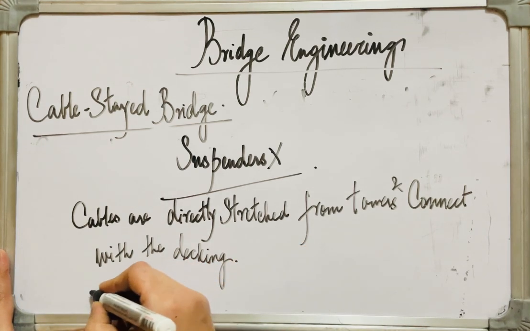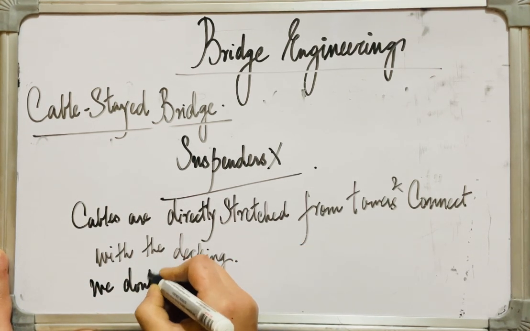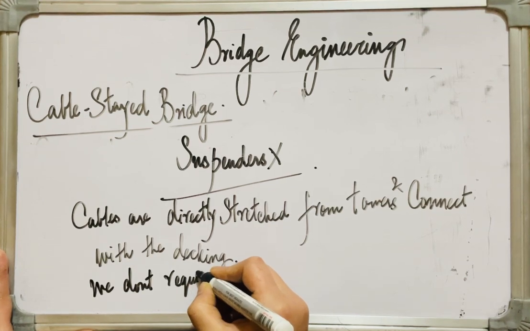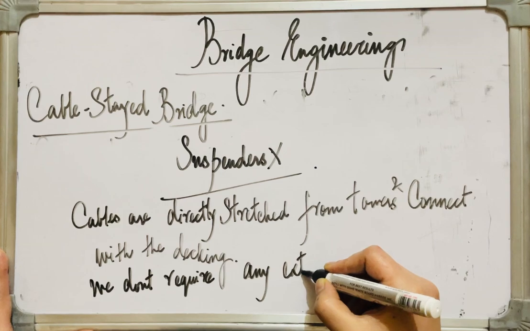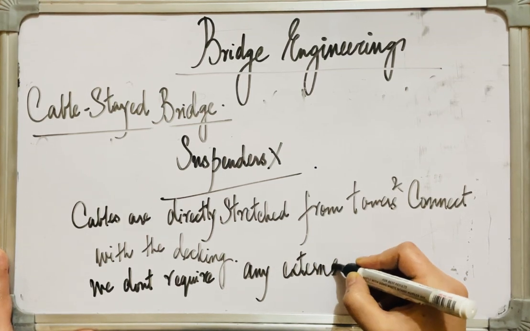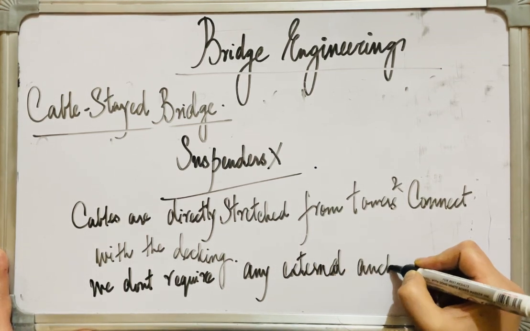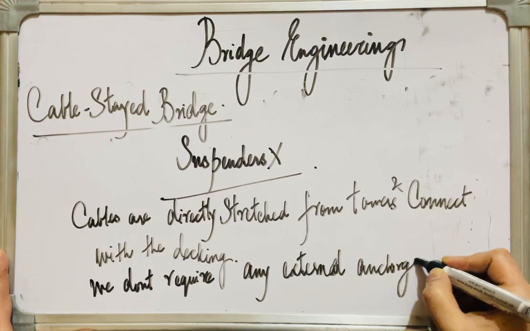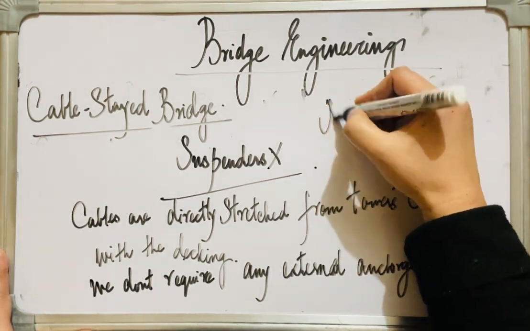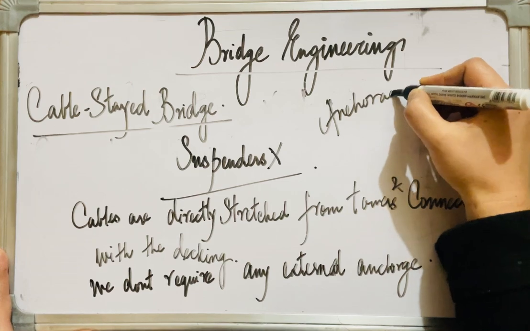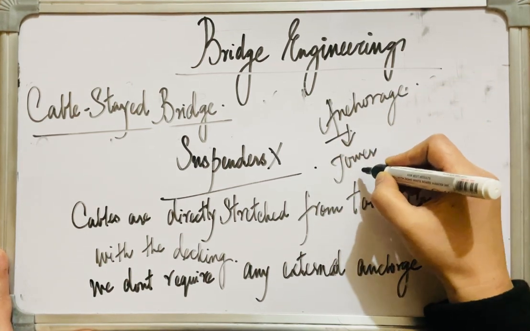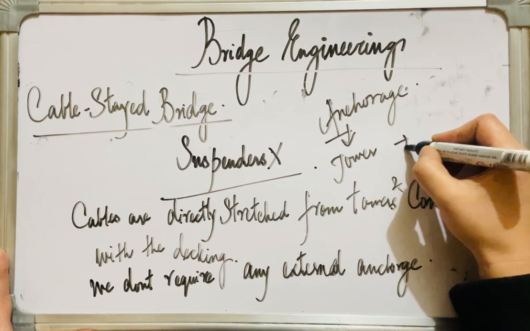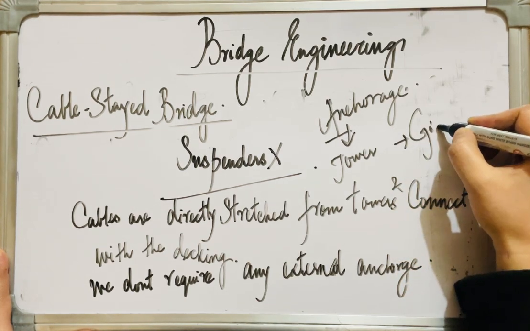Also, we don't require any external anchorages, because the anchorage at one end is done with the tower and anchorage at the other end is done with the girder.